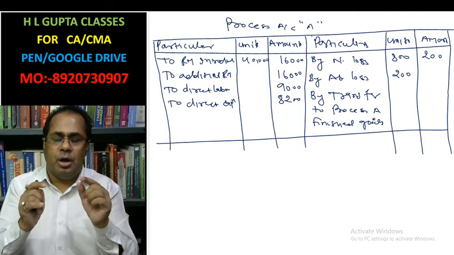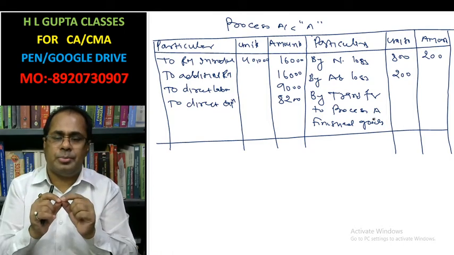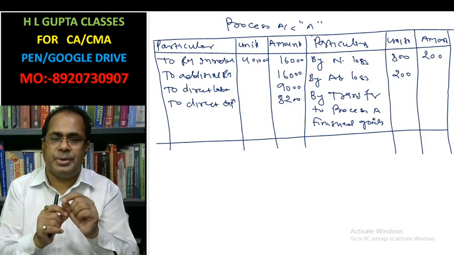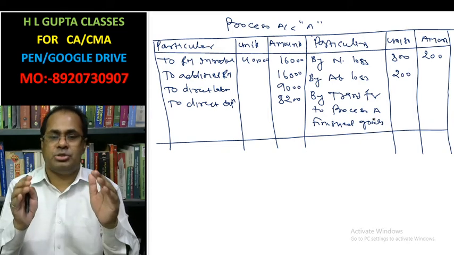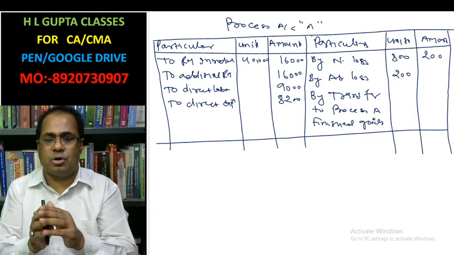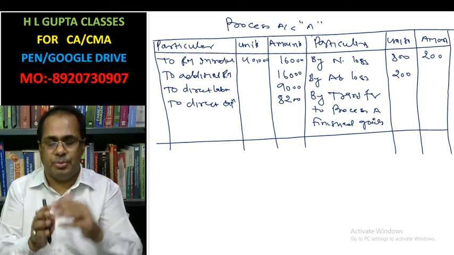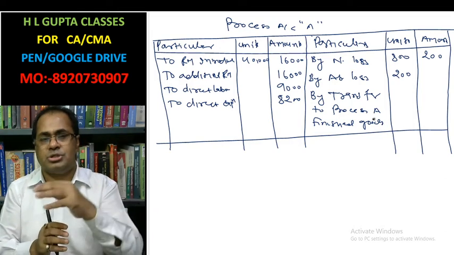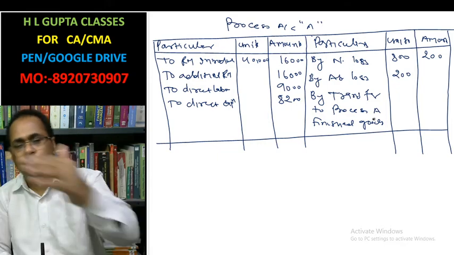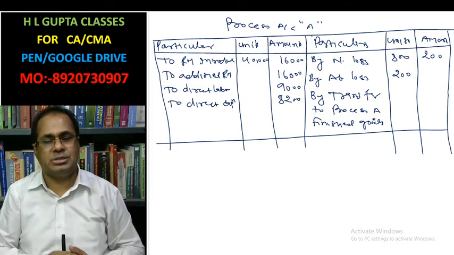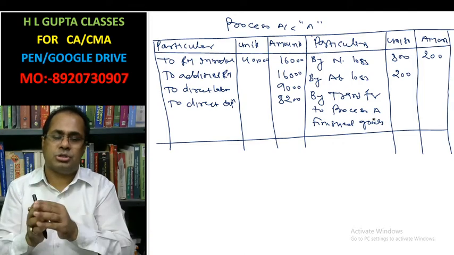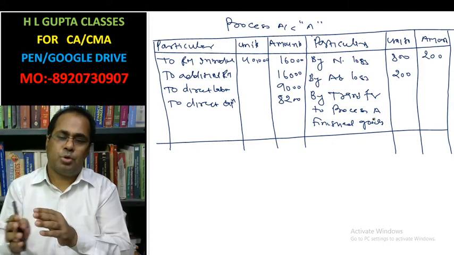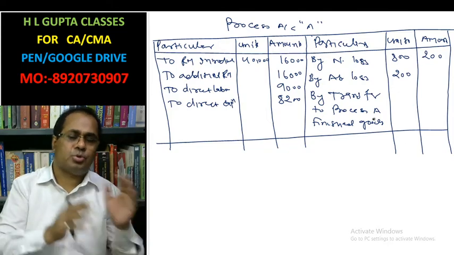Because the closing stock and opening stock of finished goods of A are given. By adjusting the closing stock and opening stock of finished product A, we have to transfer to process B. That's why we are transferring the goods from process A to finished goods of process A.